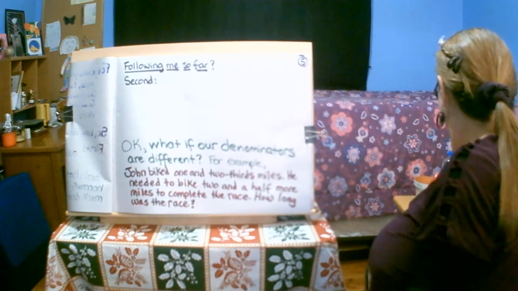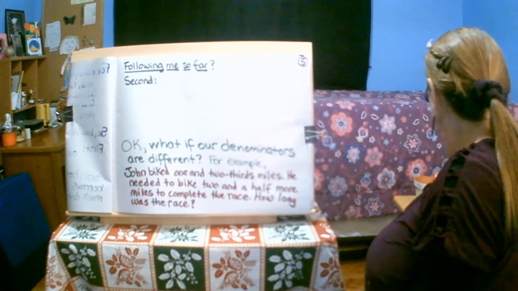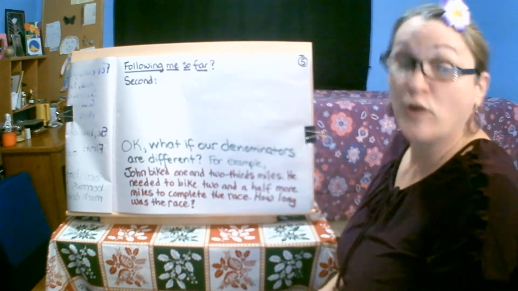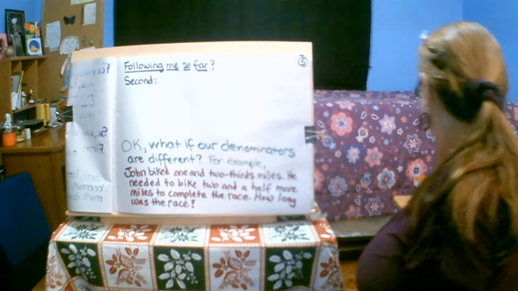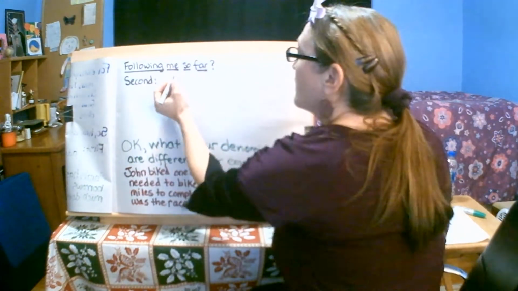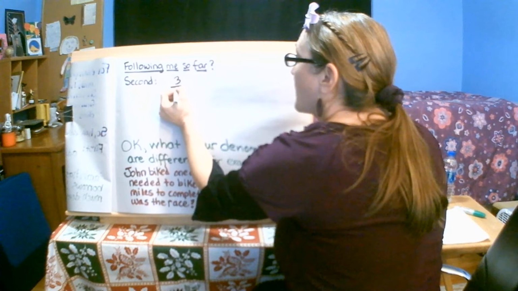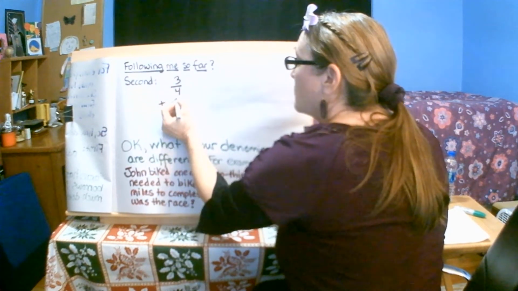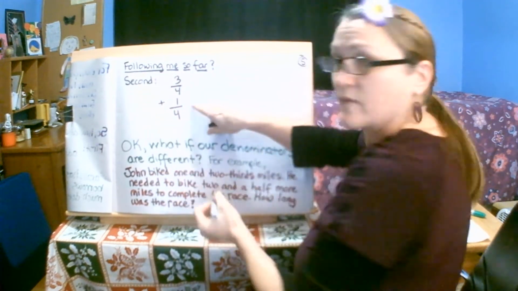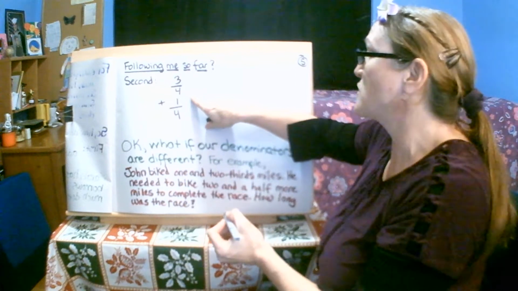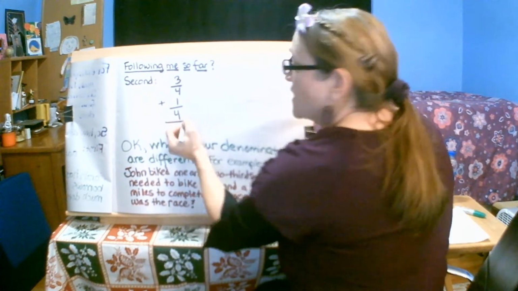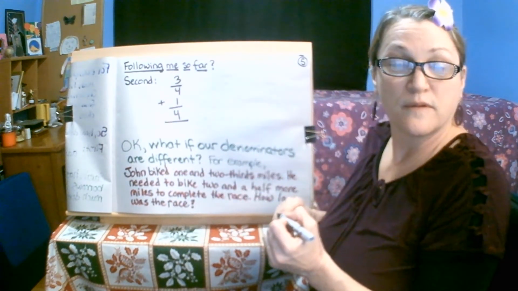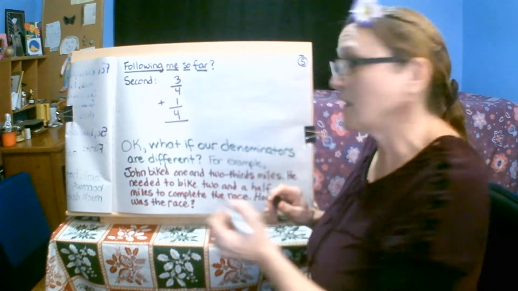Okay, so next we're going to add our fractions together. So we have 3/4 plus 1/4. So there we are, 3/4 plus 1/4. What does that equal? Oh, very good, Bradley.